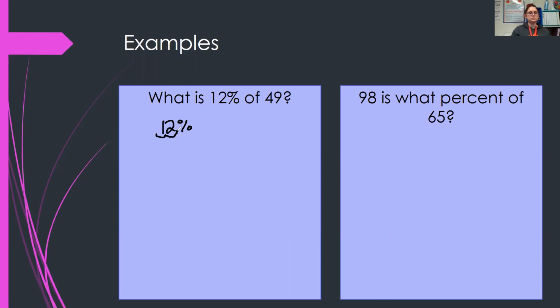So 12% equals 0.12. Now we're ready to use our equation. We said it was of times percent decimal equals is, what we're looking for. So 49 times 0.12 will give us our answer.